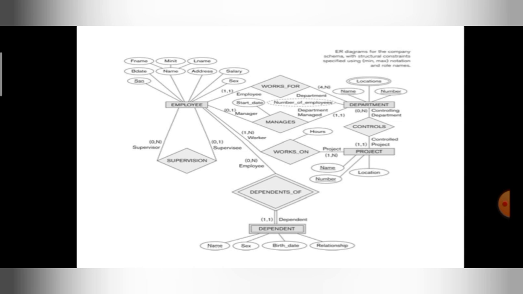If he is there in the company, his information will also be there. If the employee is not in the company, the information will also be deleted. That's why this relative information is totally dependent on the employee. That's why total participation. Hope you are understanding, guys. Between the weak entity and the strong entity, an identifying relationship exists, and also total participation exists. Hope you are understanding the concept.